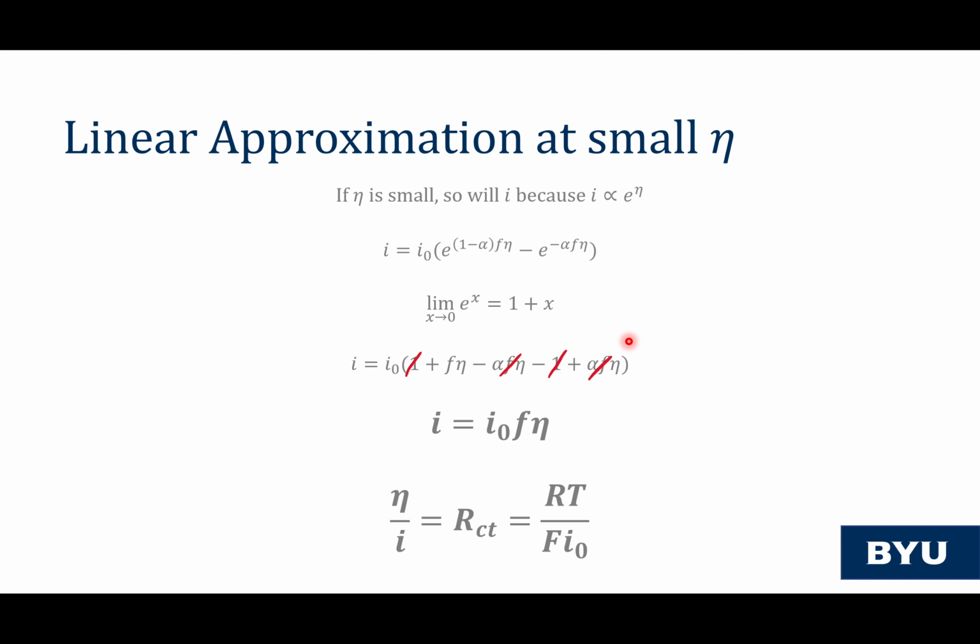We can rearrange terms and define the charge transfer resistance as well. So we arrange it by putting the overpotential over current. Remember, V equals IR. And this allows us to define both of these terms.